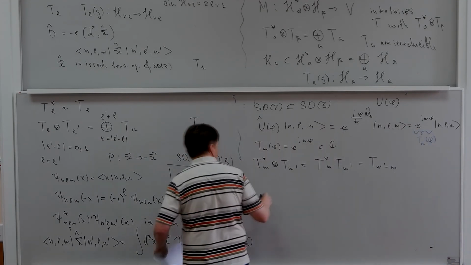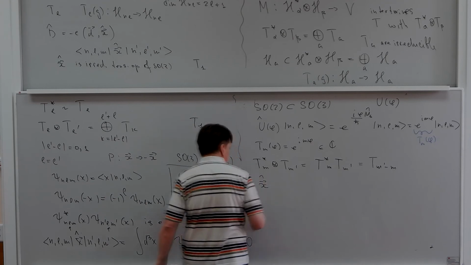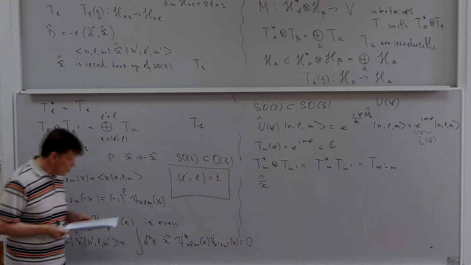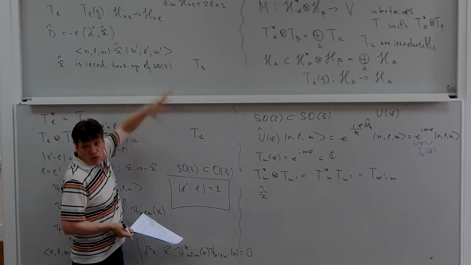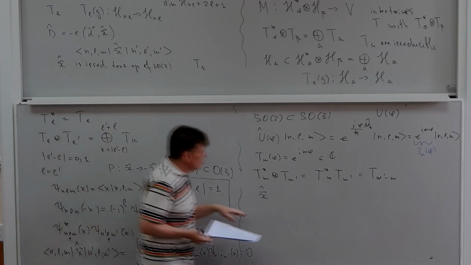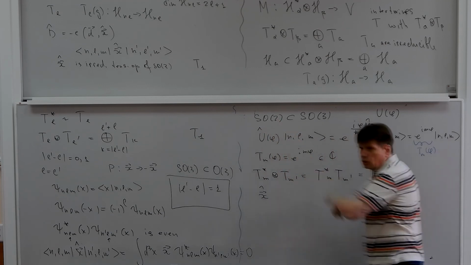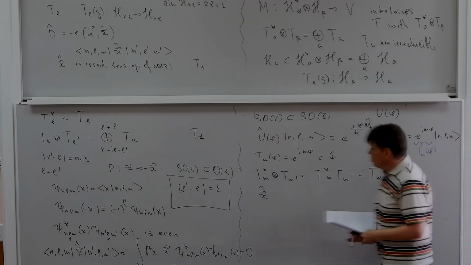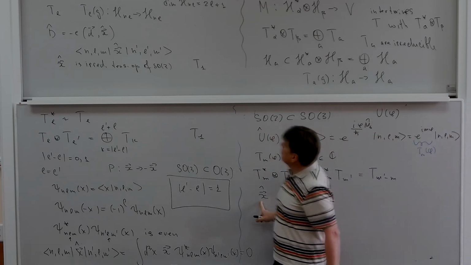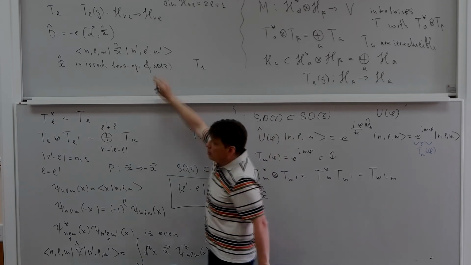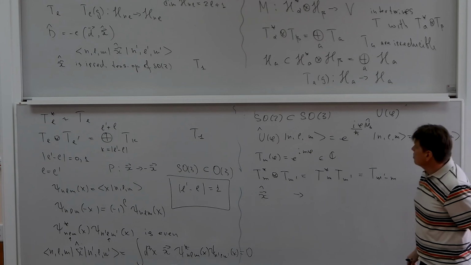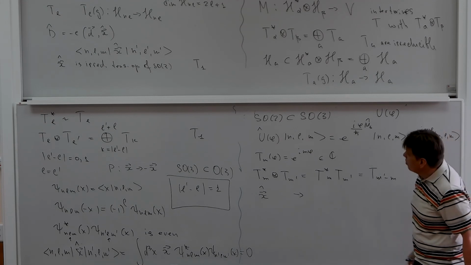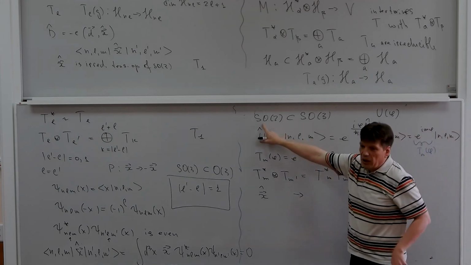Now, the tensor operator X, irreducible for the full rotation group, becomes reducible with respect to the subgroup SO2. So instead of a single irreducible operator for the SO3 group, I actually get three irreducible operators for the group SO2.